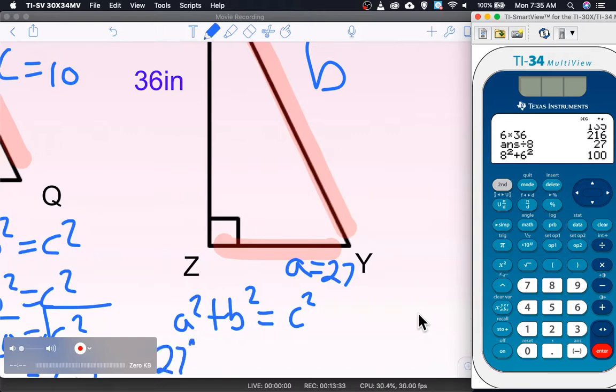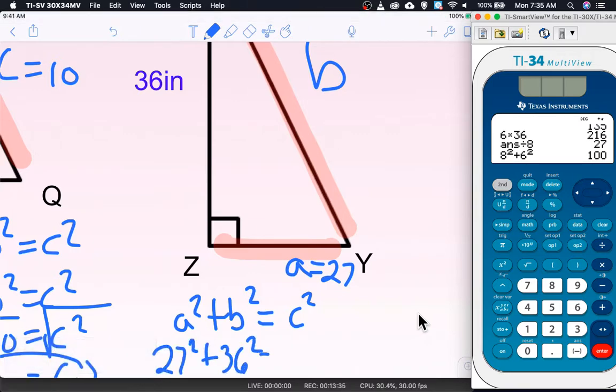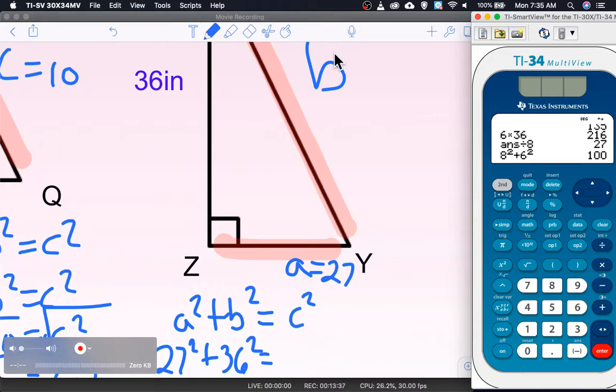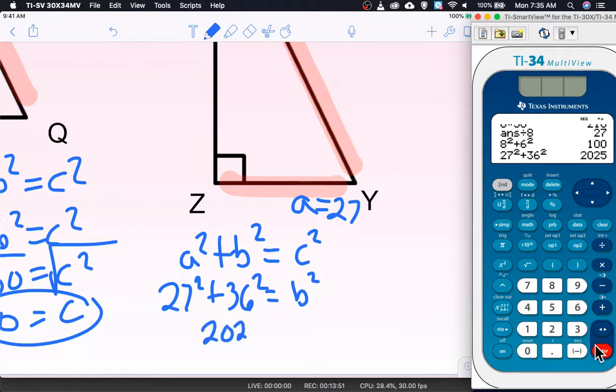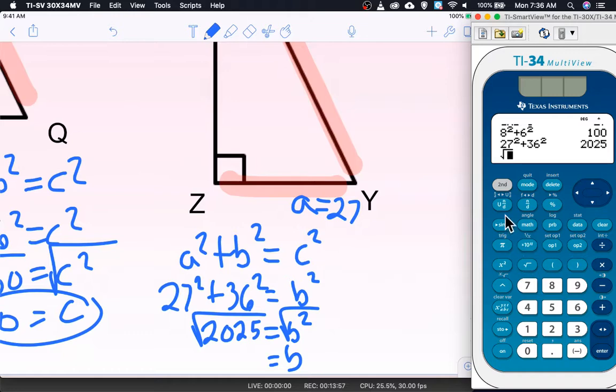So 27 squared plus 36 squared equals, and in for our C, we're going to put the letter B, side B. Okay, 27 squared plus 36 squared is 2025. And then we square root both sides to get the B by itself. Square root the answer, 2025, giving us 45.